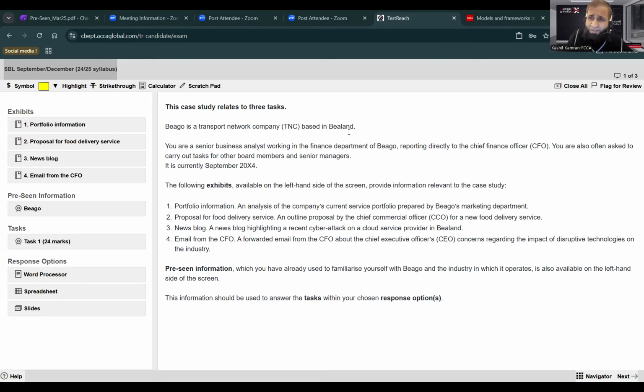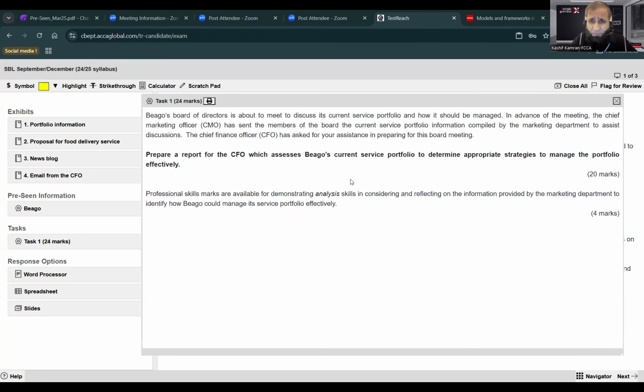Look at this question number 1 from the September-December 24 exams. This question asks you, prepare a report to the CFO which assesses Biago's current service portfolio to determine appropriate strategies to manage the portfolio effectively.